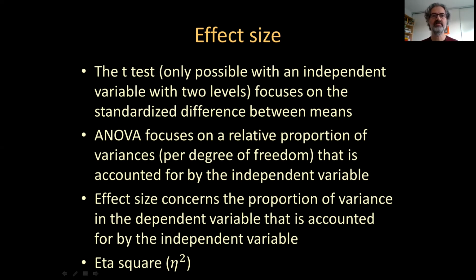It's not whether this is statistically significant. It's not whether we can conclude that there is a relationship, but how much is this relationship? How big a proportion of the total sum of squares can we account for by grouping? How much do we reduce the uncertainty in our data by grouping them? And this is called the eta square.